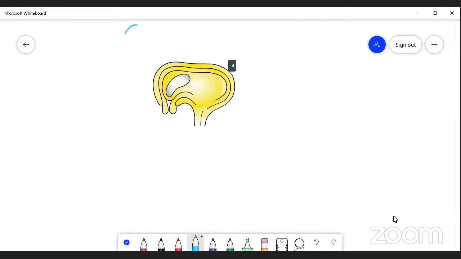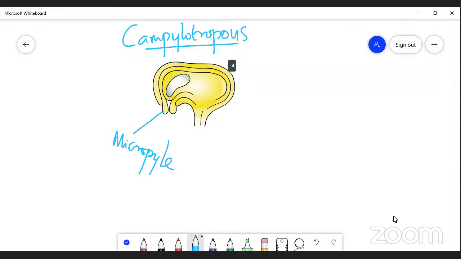Campylotropous is a type of ovule in which the micropylar region and the chalazal region are just opposite to the funicular region, right? But here the body of the ovule becomes curved, like a curving.